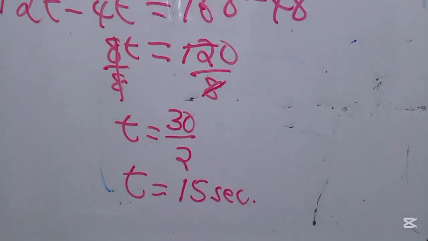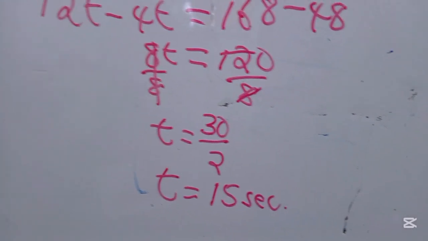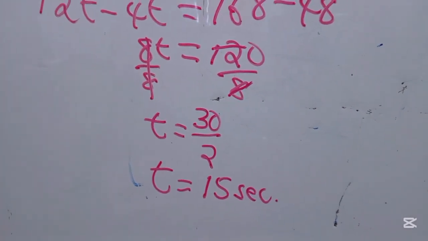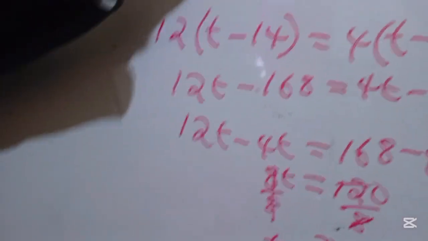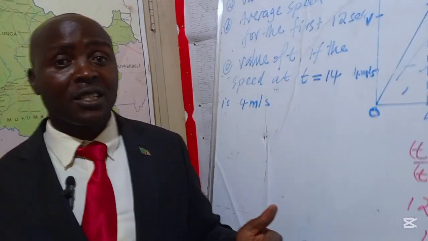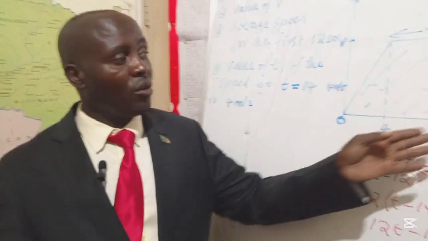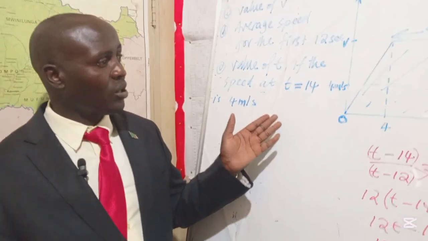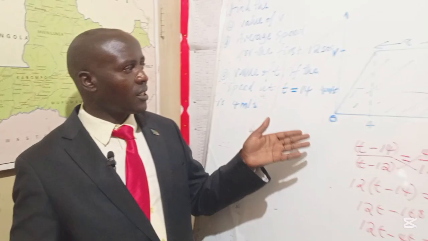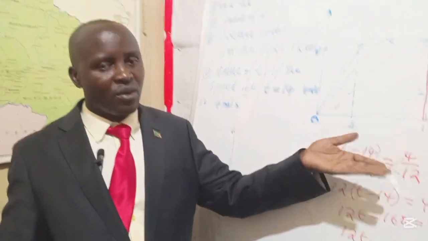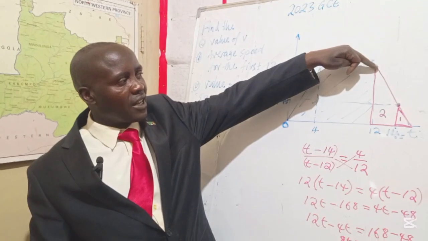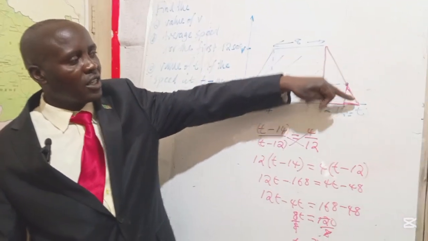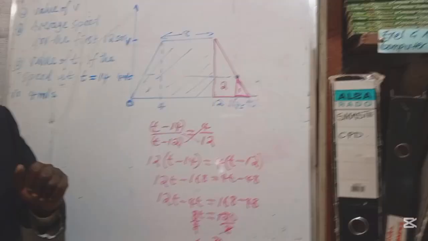Remember, this is paper 1. Units are very, very important. Fellow viewers, this question is not a challenge if you understand similarity and congruence of figures. What we have done is that we are told this object reached here, started decelerating or retardation, and came to rest here after t seconds.